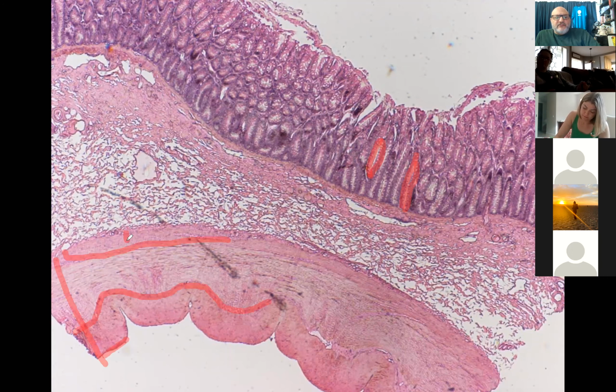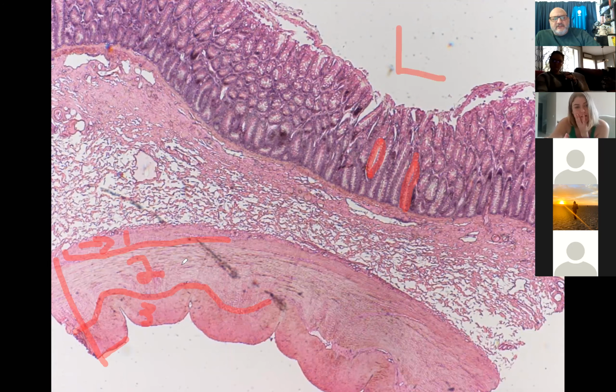Of course, this first layer, what layer would that be? What's layer 1? From the inside or the outside? Well, here's the lumen, right? So the one I've labeled as 1, what would that be? Oblique.